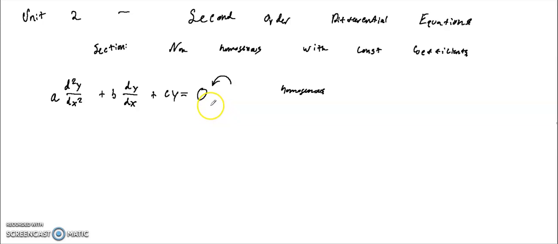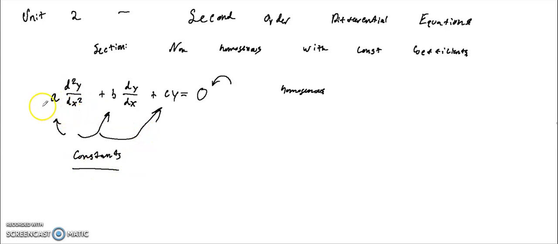So it being homogeneous means it equals 0. If this was something like some constant d, then it would be non-homogeneous. But to start, we're just going to be worrying about when this equals 0 and when a, b, and c are constants.